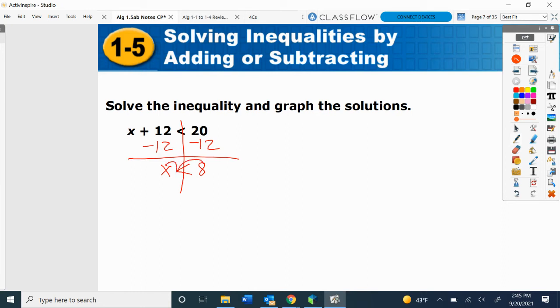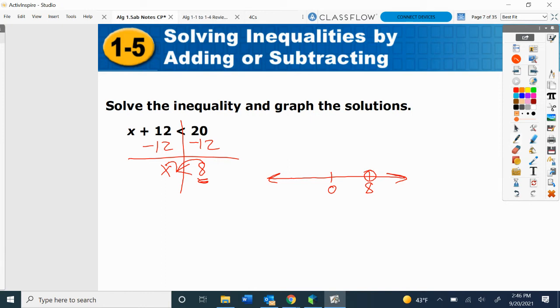All right, so to show that on our number line, we're going to draw a quick little number line. We're always going to put 0 on the number line, and then we're going to put the number itself that we have for a solution. So we would put 8 somewhere over here to the right of 0. All right, now to graph it, because it doesn't have that equal to part, we're going to have an open circle on 8.